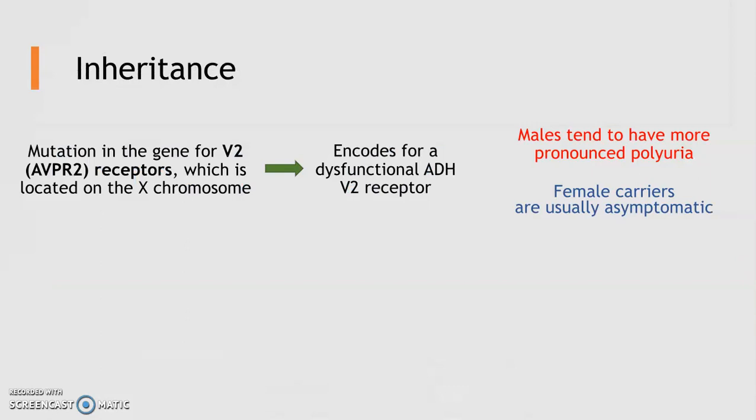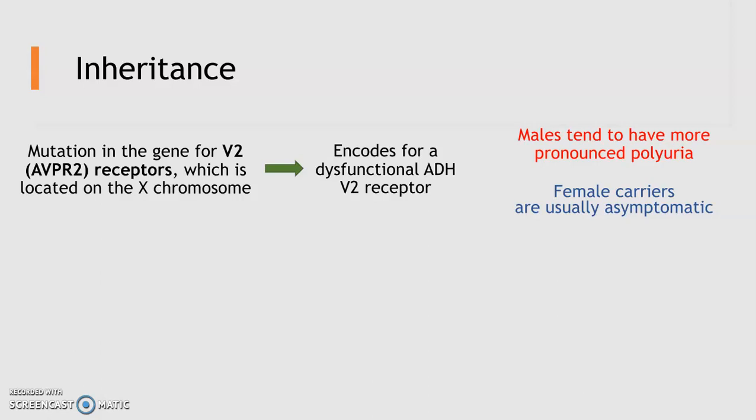So, inheritance. There's a mutation in the gene for V2 receptors, which is located on the X chromosome, and this gene encodes for a dysfunctional ADH-V2 receptor. I'm going to explain this really quickly. So V2 receptors are misfolded and therefore trapped in the endoplasmic reticulum.